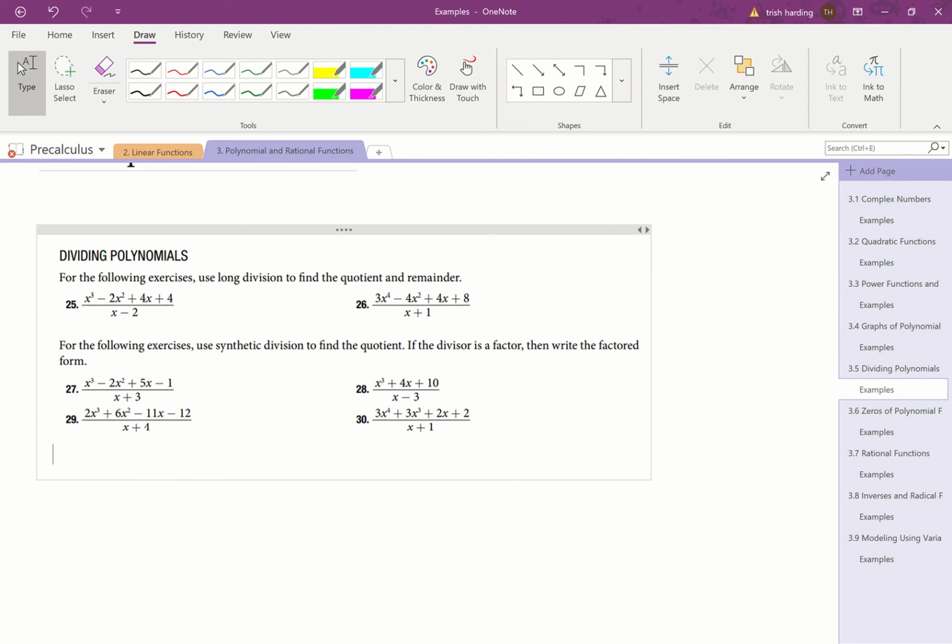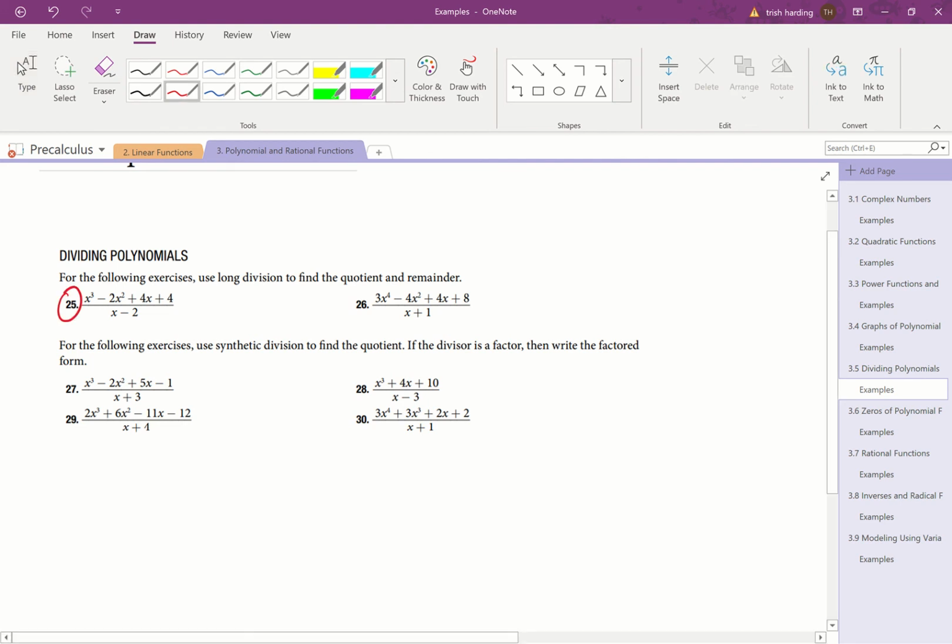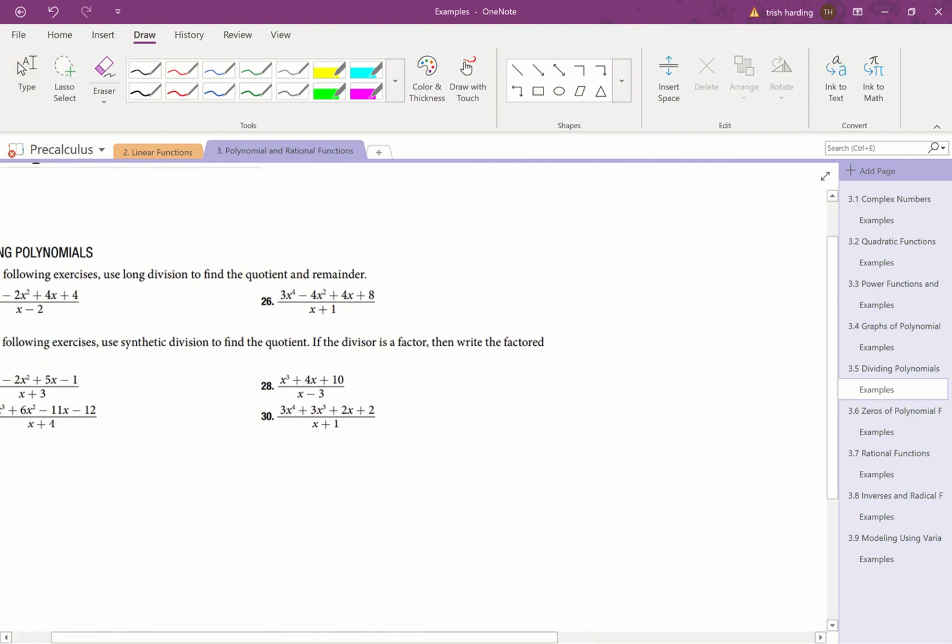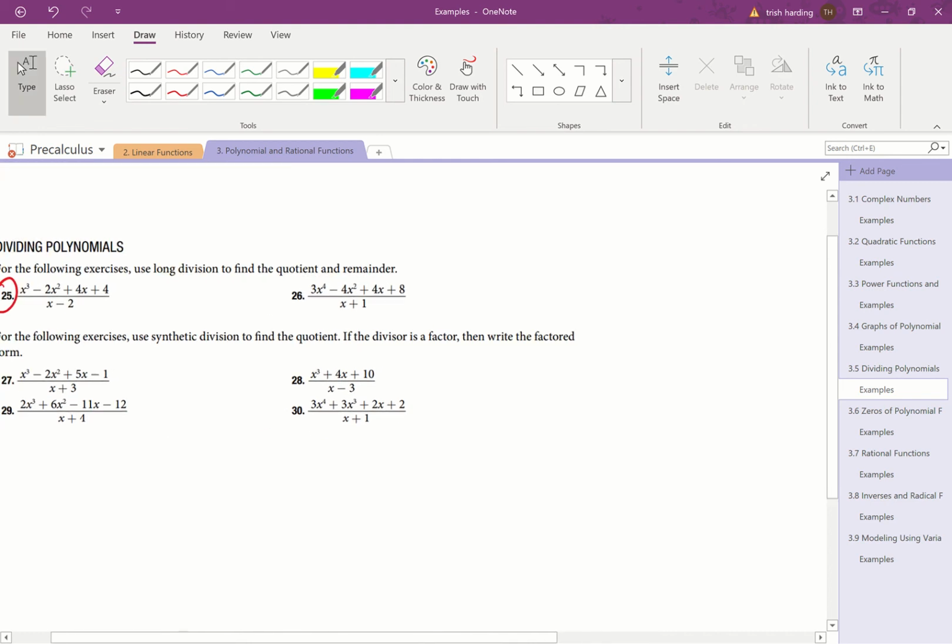So we will do an example. We'll do 25 today. So 25, we have to use long division. Notice we don't have any gaps, so we don't have to leave any zero coefficients.